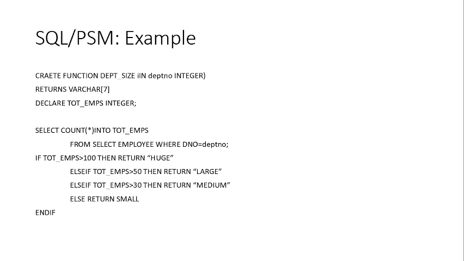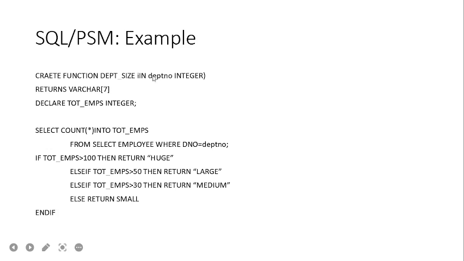Consider this example. This illustrates how the conditional structure can be used in this SQL/PSM function. So here we have a create function, and look at this. This function returns a string value describing the size of the department within a company based on the number of employees.